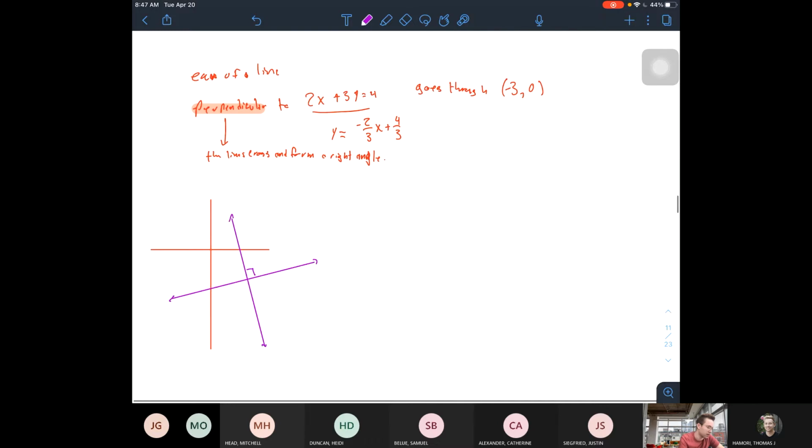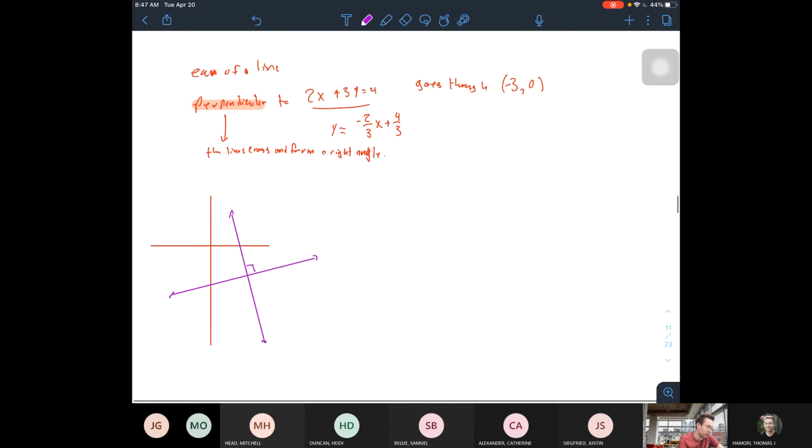Can anybody tell me what the condition on the slope of the second line is? Let's call the second line line 2, and this is line 1. We know that m1, the slope of line 1, equals -2/3.